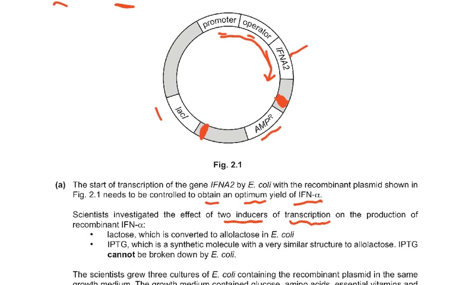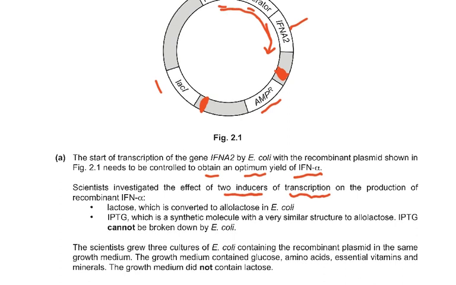So the start of transcription of the gene with the recombinant plasmid needs to be controlled to obtain an optimum yield. Scientists investigated the effect of 2 inducers of transcription on the production of recombinant IFNA.